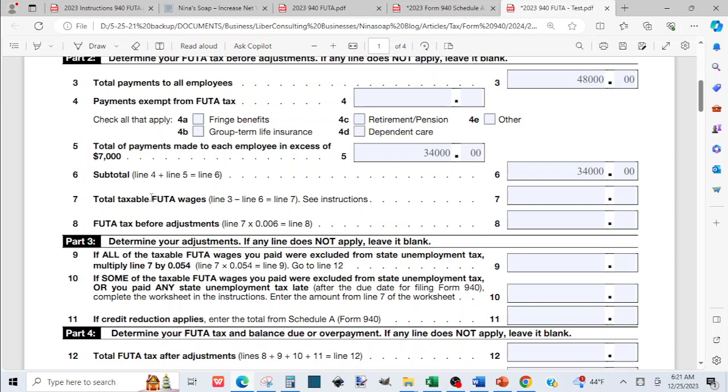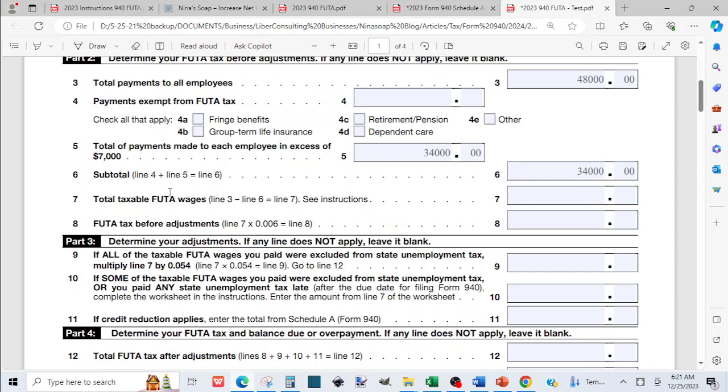Excuse me. So who pays FUTA tax? The employer pays FUTA tax. You pay FUTA tax on the first $7,000 that you pay each employee in your business during the year. You do not withhold unemployment tax from employees' wages.